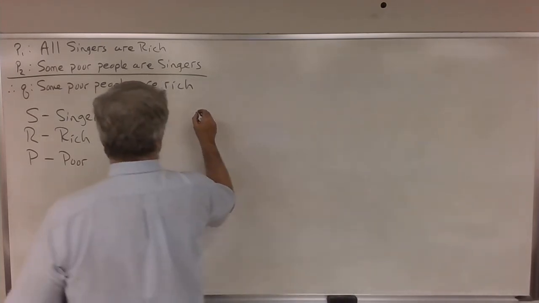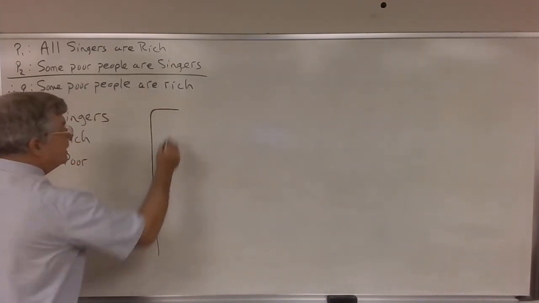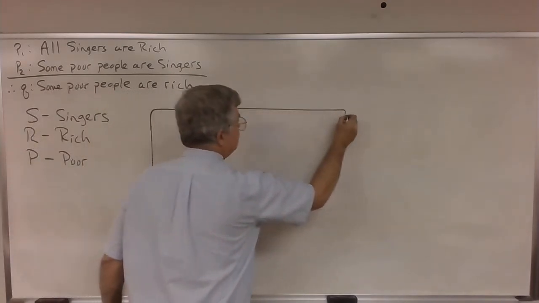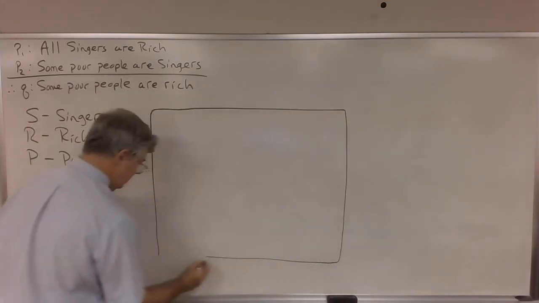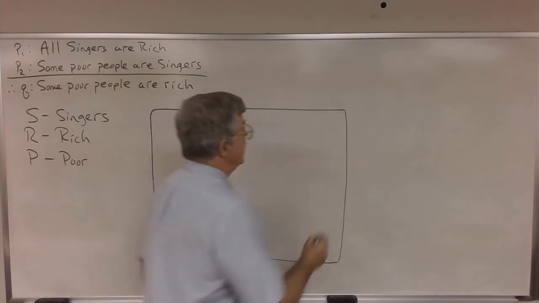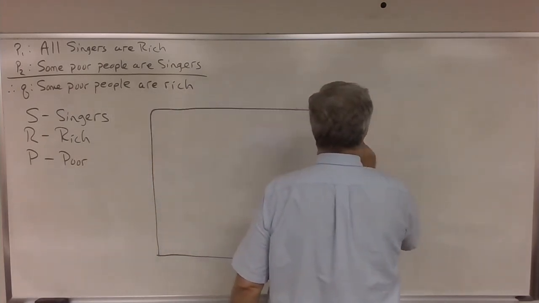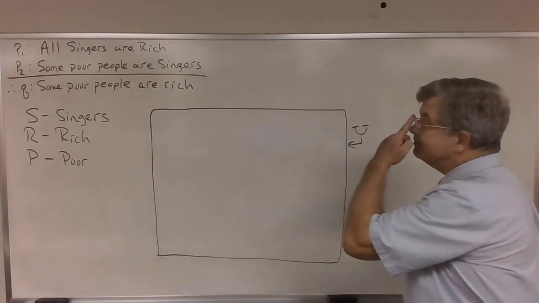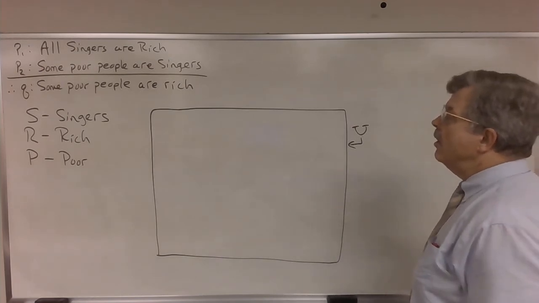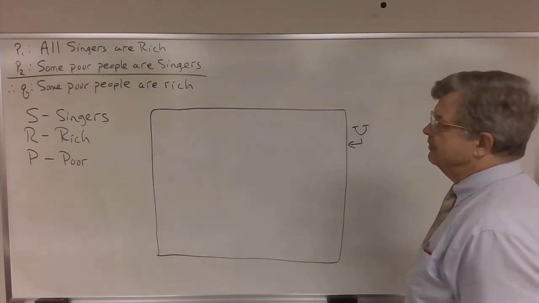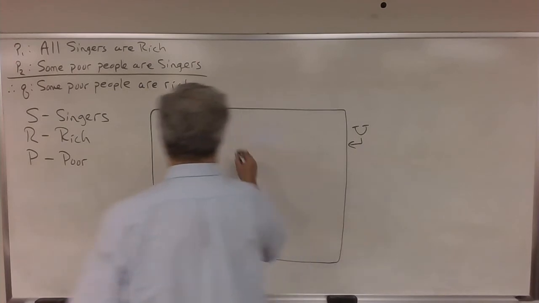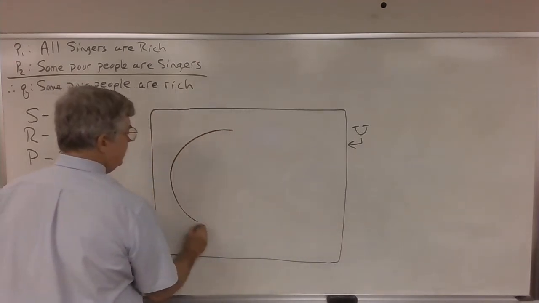So let's get this show on the road here. Here's our universe. And let's see, U for universe. All singers are rich. So I guess we have the rich circle.